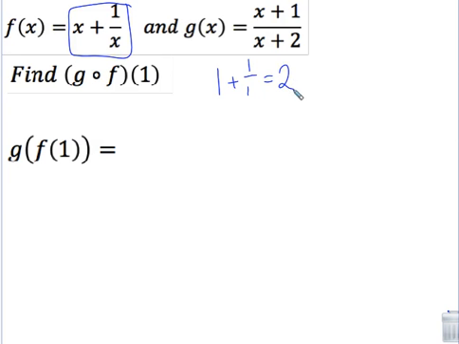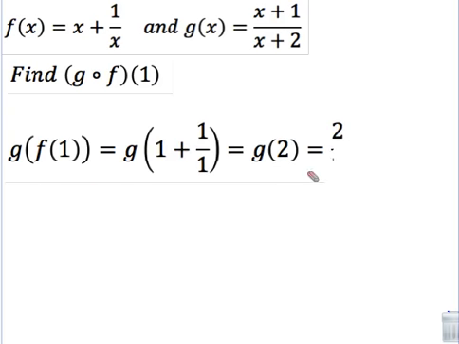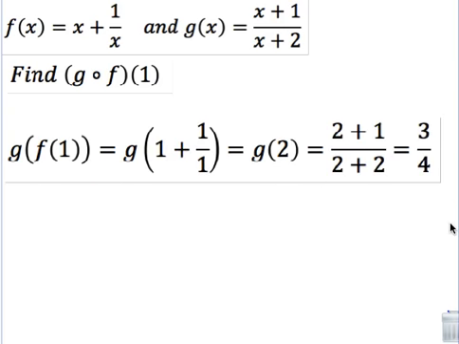And then this is the number that's going to be plugged in for x here and here. And I will simplify everything out that I can. And I get my final answer of 3 over 4. Super easy. It's a lot easier than it first looks.